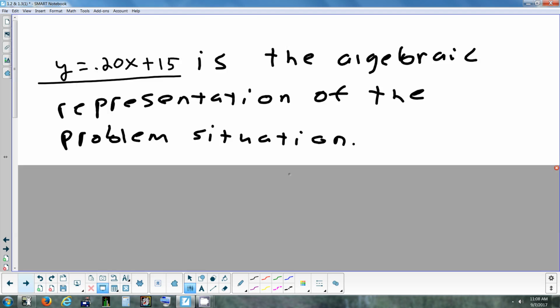So the equation abstracts, takes away all the details of the word problem, and it just reduces the whole thing to just math. Just numbers and letters, no context. Okay, that's the algebraic representation.